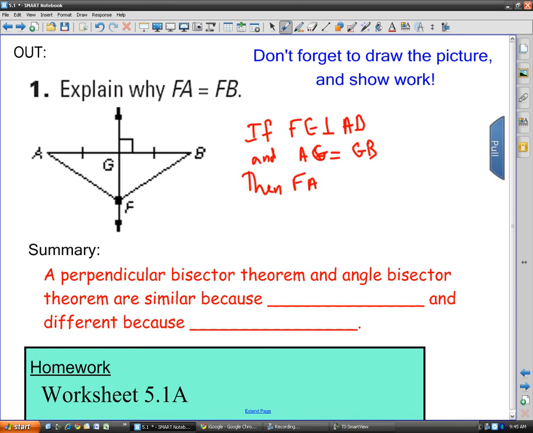Really, the whole thing is that these guys are equal because of the perpendicular bisector theorem, but this is the information we need that we can see on the drawing. This is the reason. This is the answer.